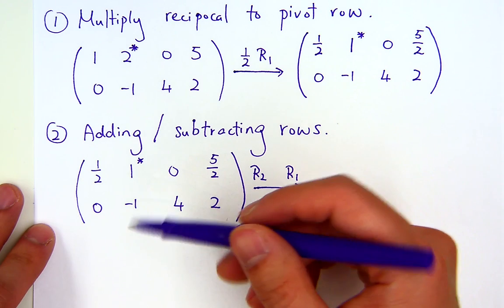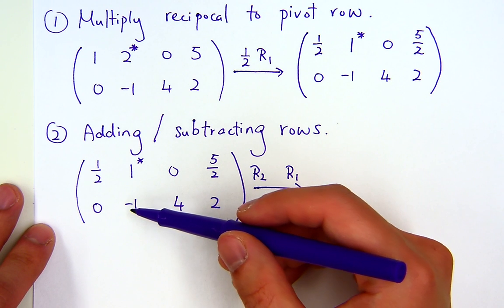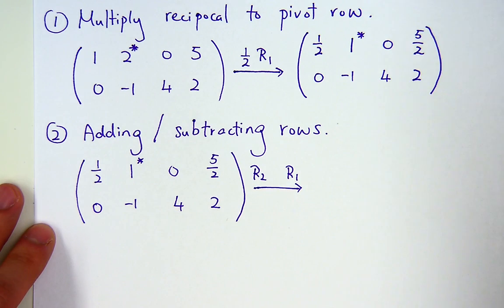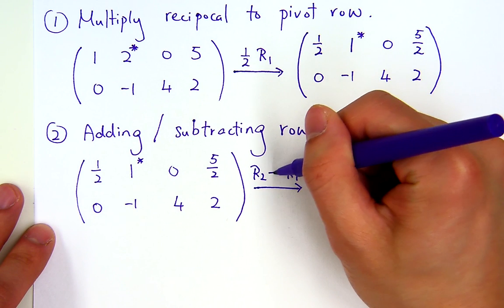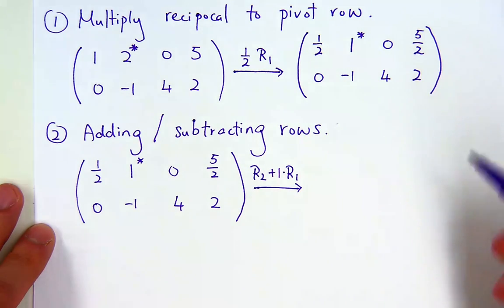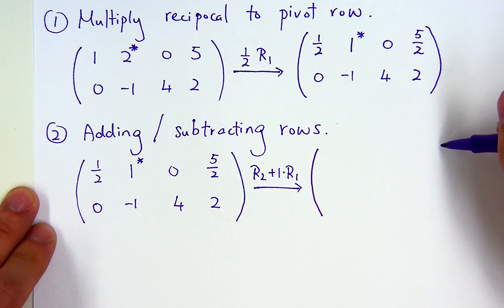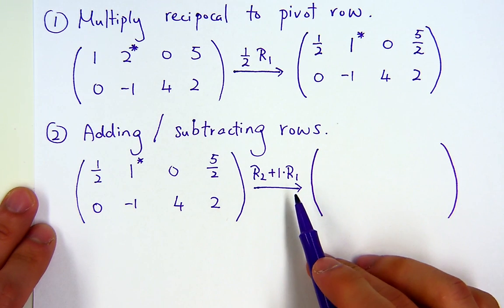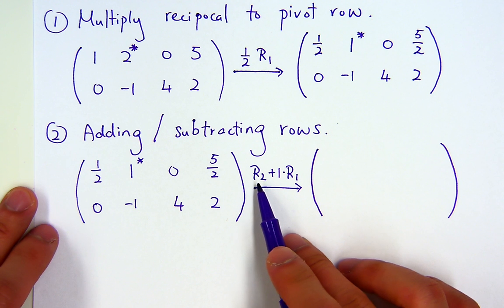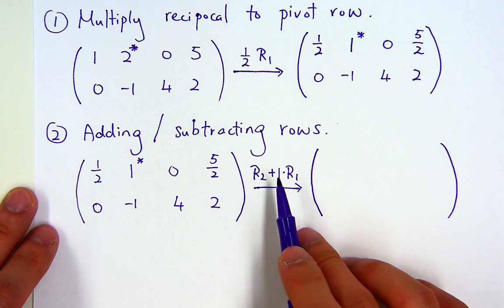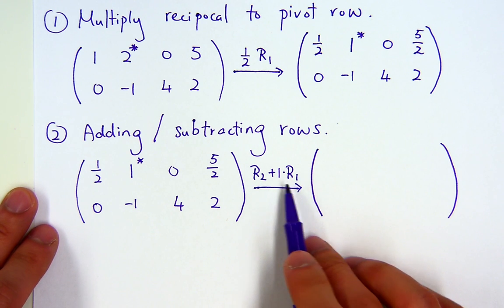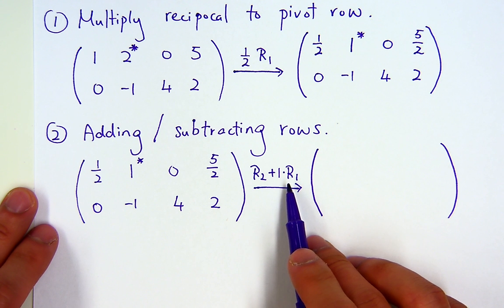And the way to change -1 into 0 is +1. And so we are going to put +1 times right there. What does this mean? That means that R2 is going to be changed into R2 plus 1 times R1, and 1 times R1 means simply R1.